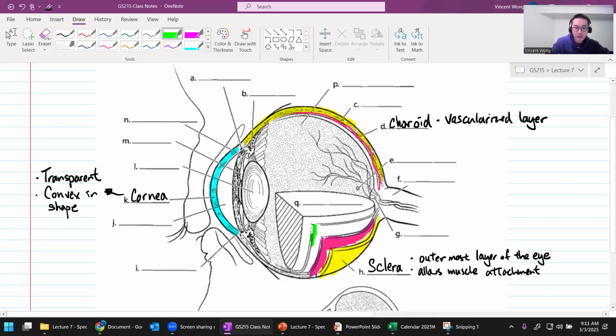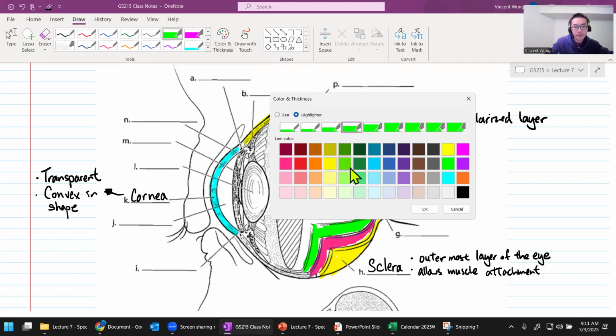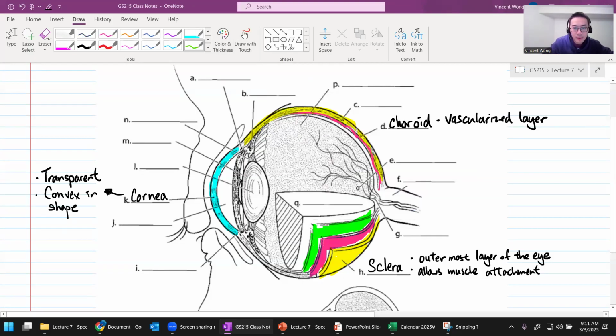And then we have a third layer, which is right there. Third layer is right here, and it's the deepest layer of the eyeball. We call that the retina.